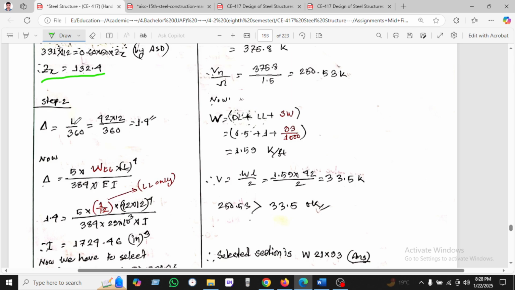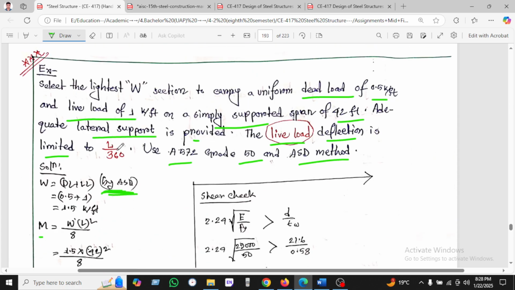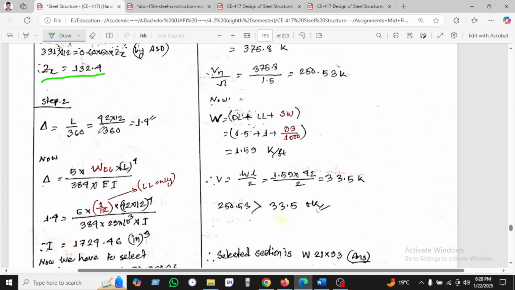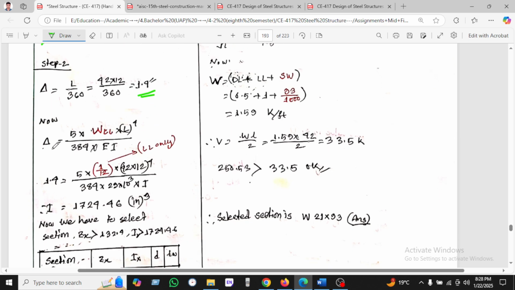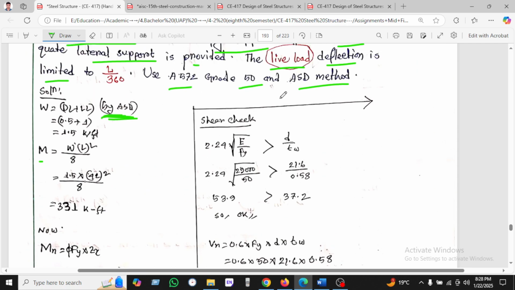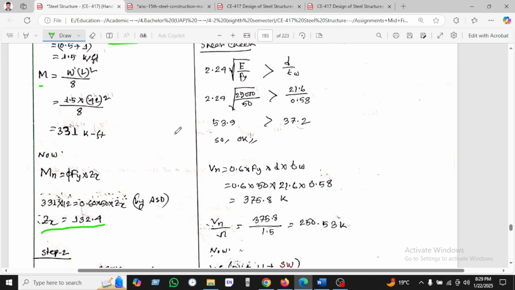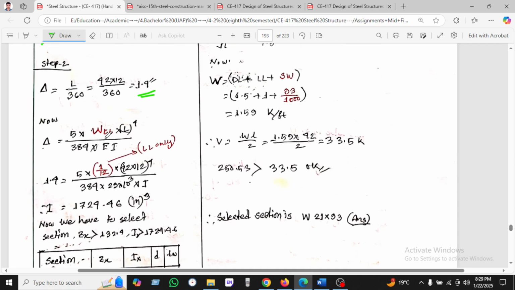Now step 2, the allowable deflection limit is given in the question as L by 360. So L by 360 we can find as 1.4 inch, 1 by 4 inch. And as we know the uniform dead load, it will be 5WL to the power 4 by 384 EI. This is our allowable limit.